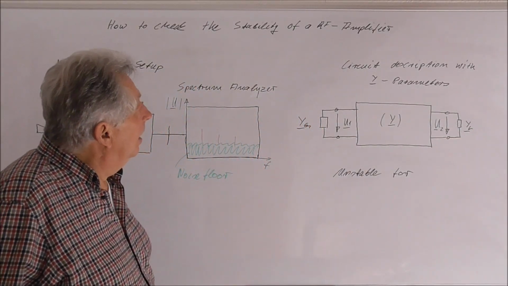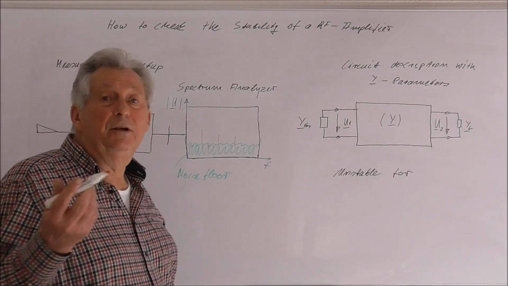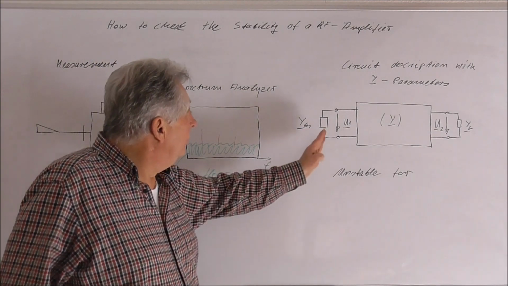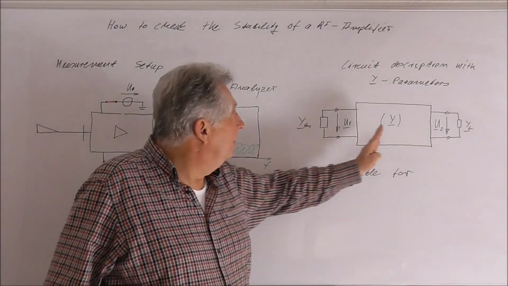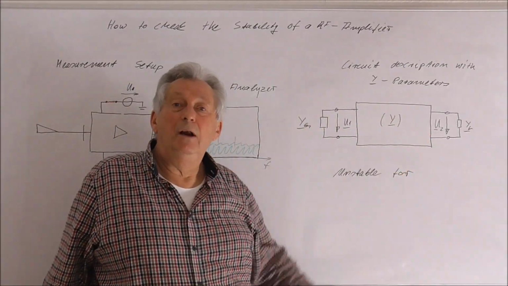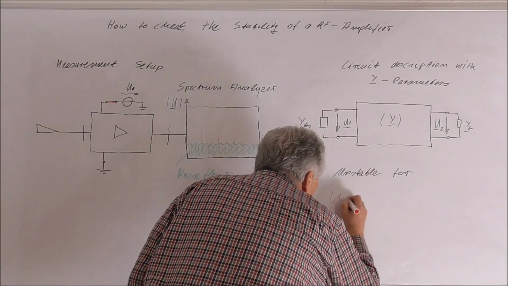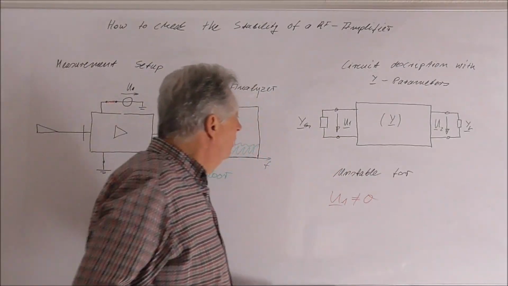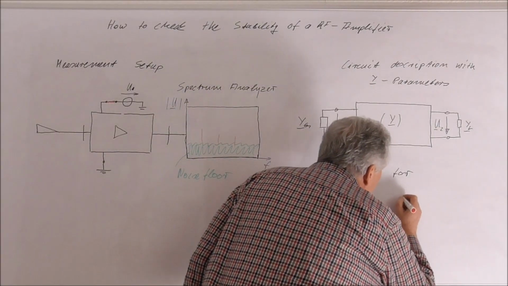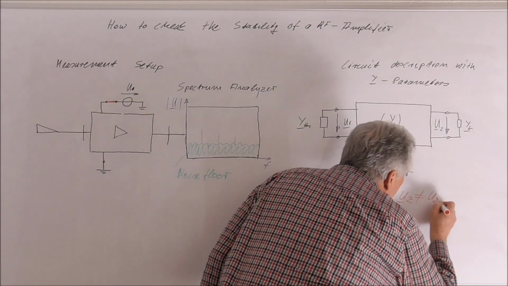And how can I describe now the instability or the point of instability? The point of instability will be reached if the voltages U1 and U2 exist without an input signal. U1 will be unequal to 0, and also U2 will be unequal to 0.